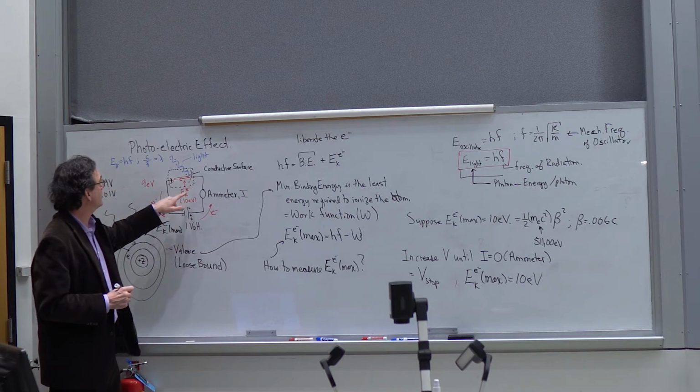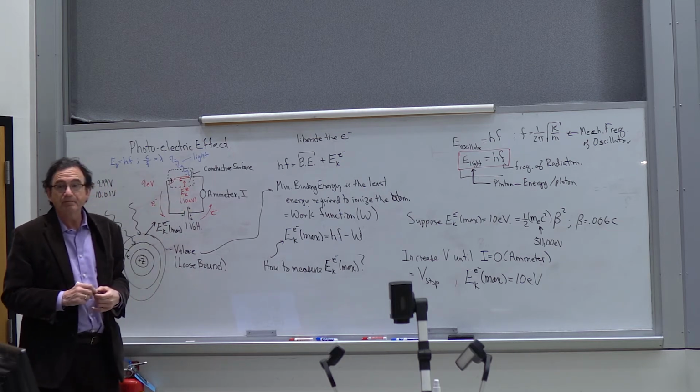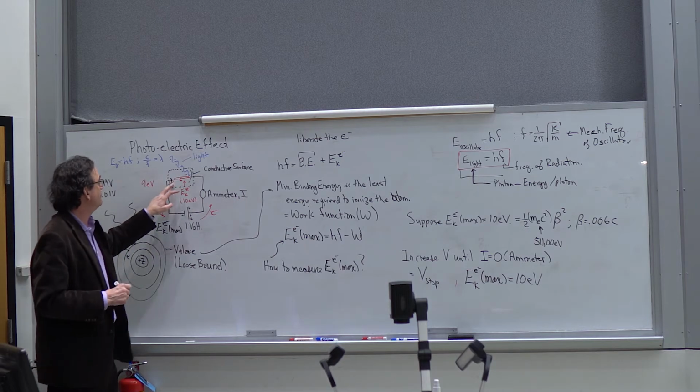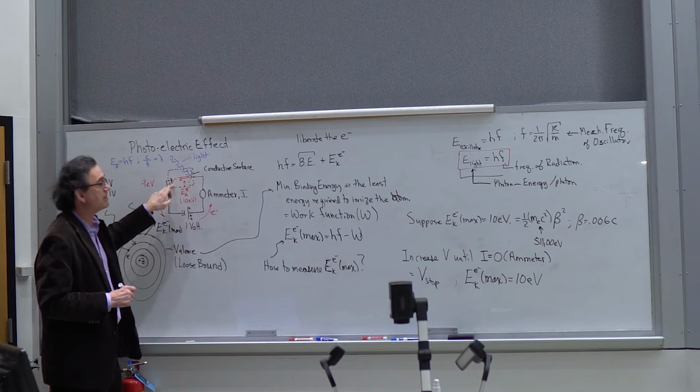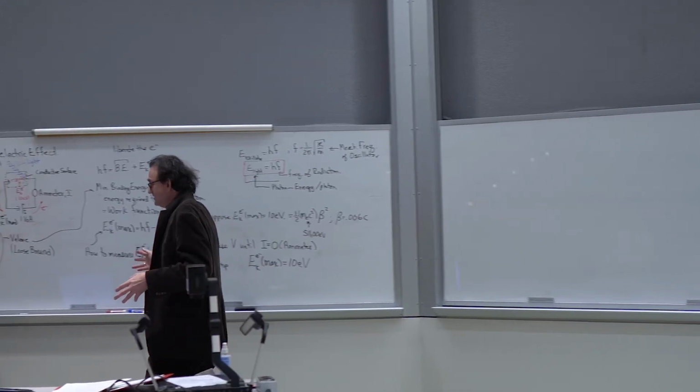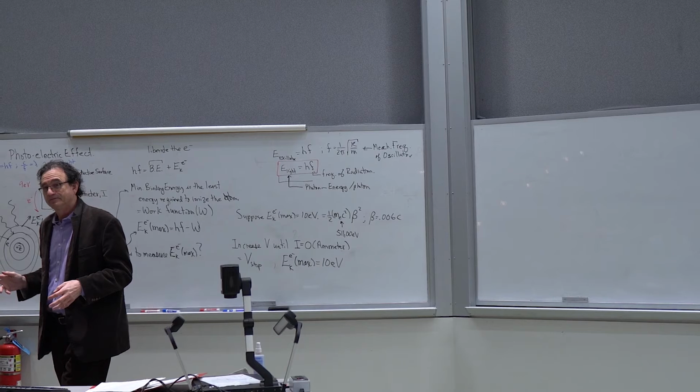So that tells me the kinetic energy when it left the surface. I applied just enough reverse bias so that the most energetic electron cannot make it across. Is it clearer than mud?